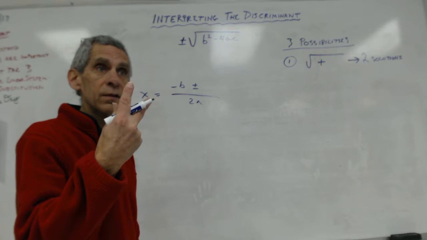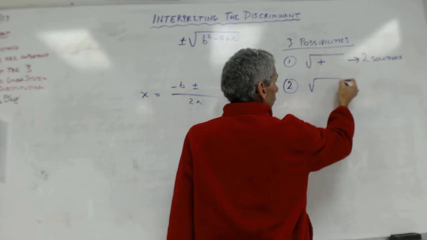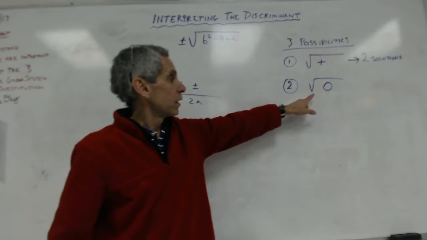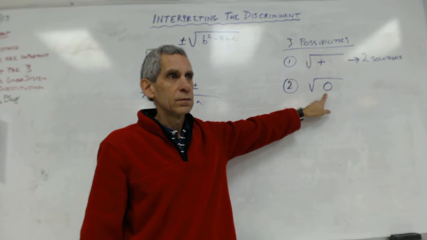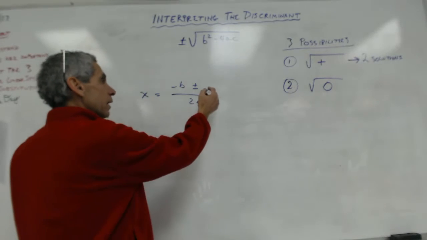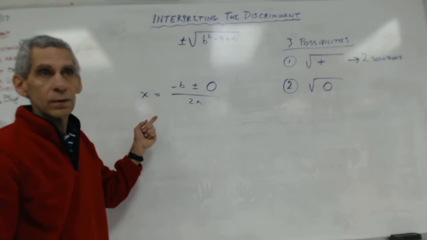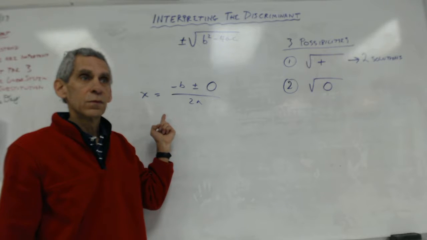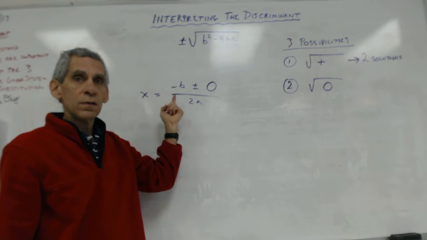Another possibility is if you had 0 underneath the square root sign. What's the square root of 0? 0. So here's the formula, plus or minus 0. How many answers am I going to get? Just one, because it's just 0.